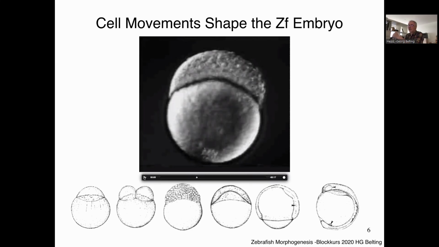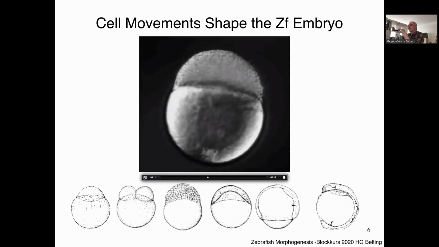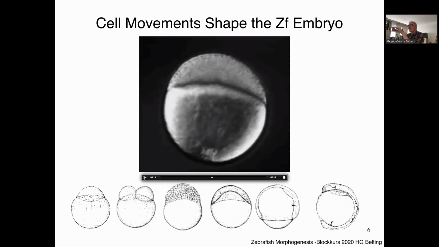MBT is mid-blastular transition that includes activation of the zygotic genome and also the shift from maternal to zygotic gene function. And this then is the high stage. This is the sphere stage. So you have a lot of cells and they sit perfectly on top of the yolk.